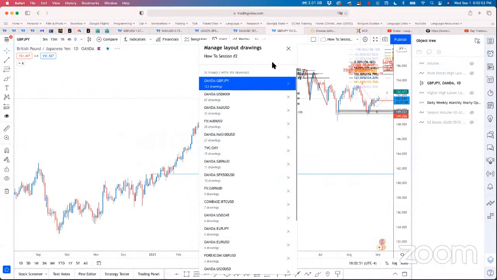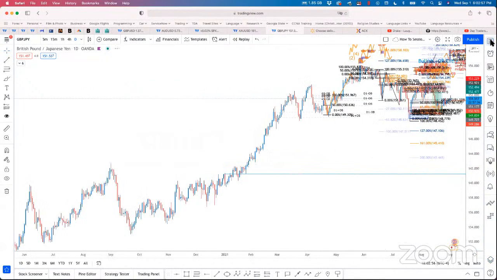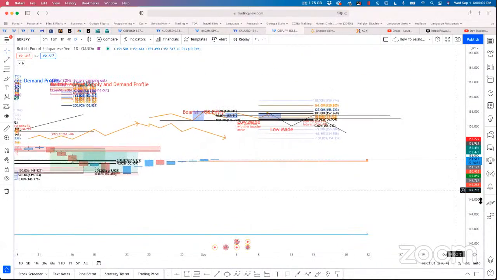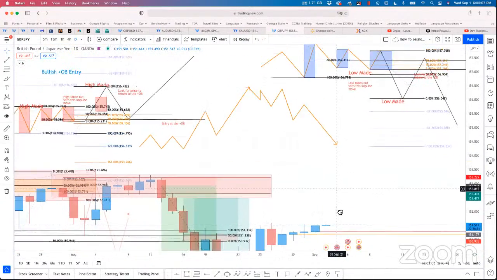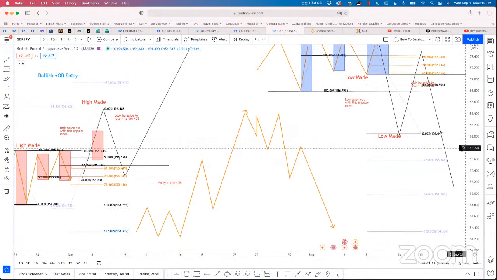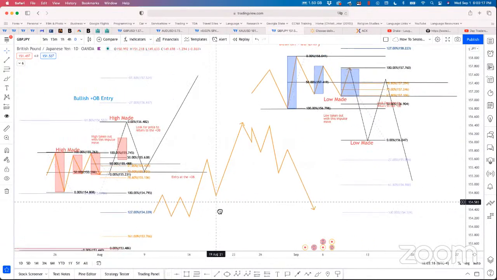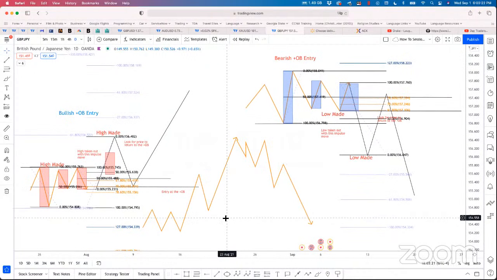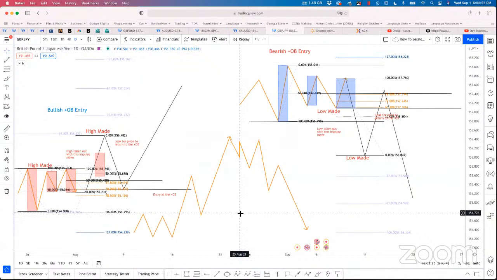There we go. All right. So zoom in. Screenshot this and study this.